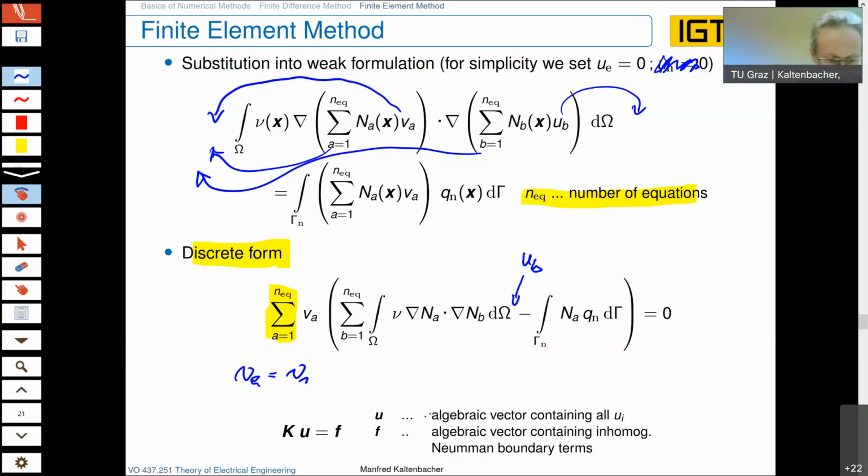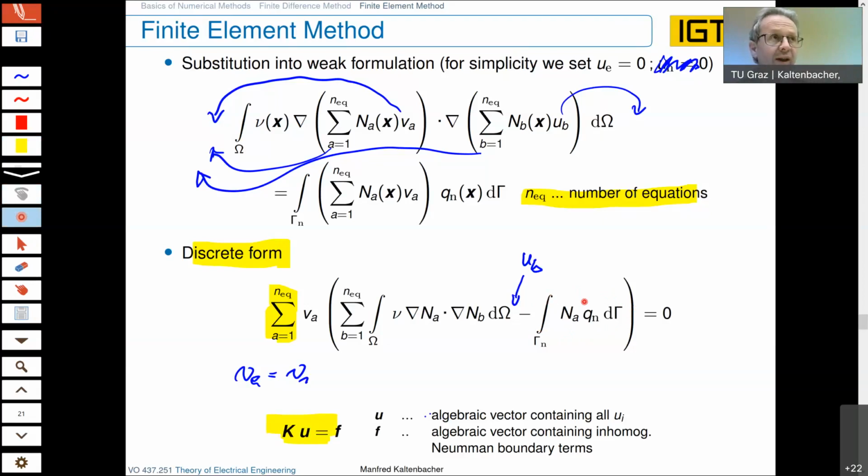And that you can collect in a matrix, and you simply write it as a system matrix, collecting all the unknowns of your physical quantity in a vector U, equal to the right-hand side vector. Clearly the right-hand side vector will be given here by the NA scaled with the fluxes you have along the Neumann boundary.